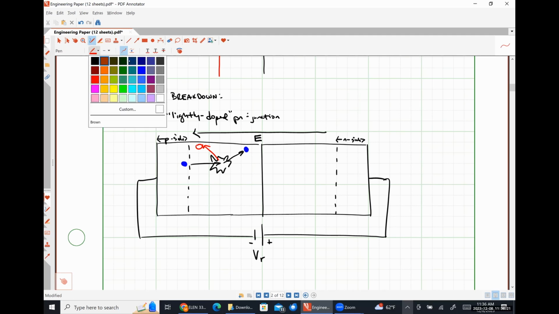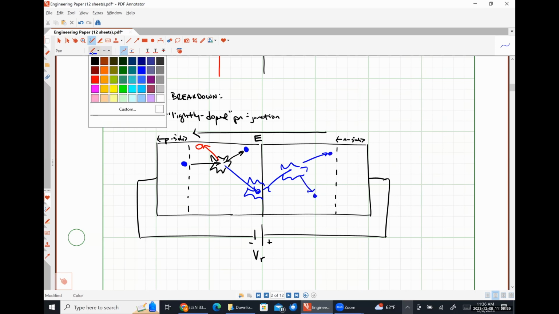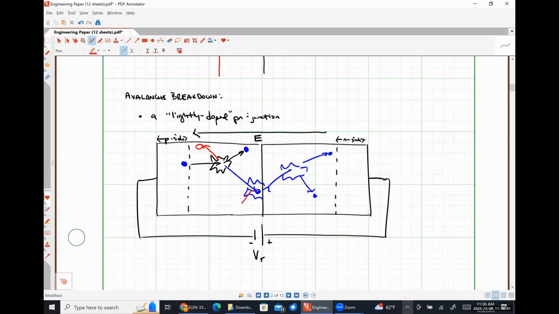And these electrons that get knocked out can further collide, causing more and more electrons to shoot out and subsequent collisions to take place. Now I'm going to throw some holes in here just for fun.